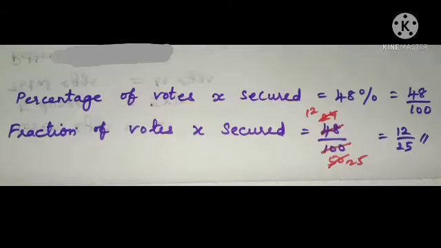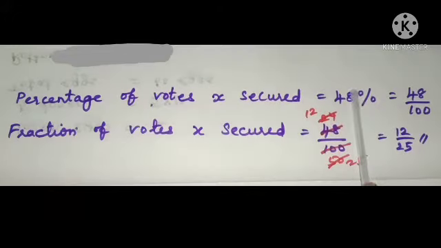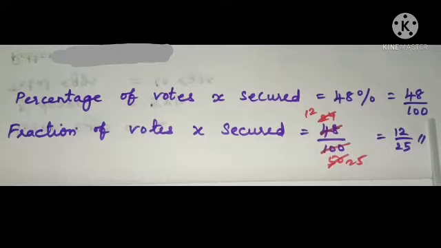Eighth problem. In an election, candidate X secured 48% of votes. What fraction will represent his votes? So children, percentage of votes X secured is 48%. We know how to convert the percentage into fraction. Here 1% means 1 by 100.